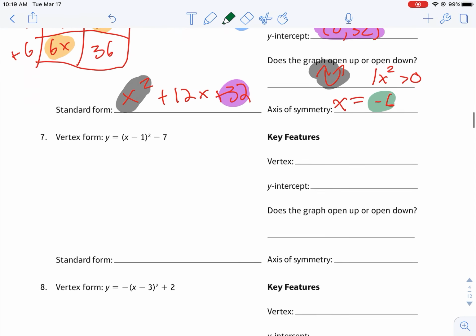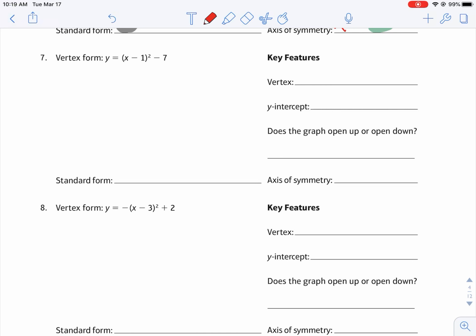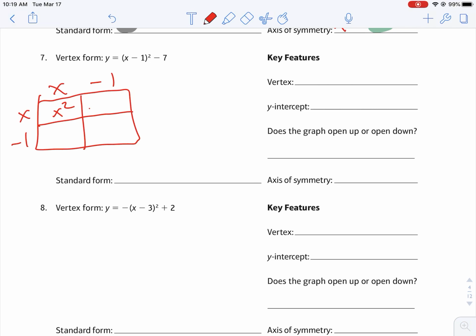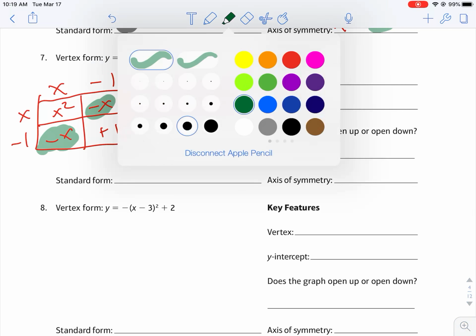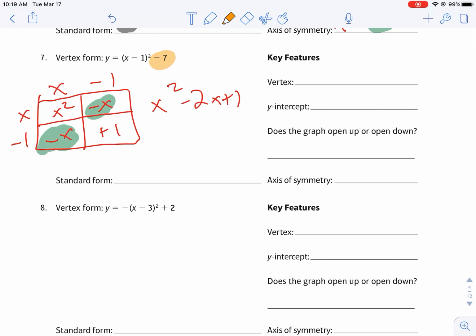Okay. Number 7, same idea. Let's start off with that box method. x minus 1, x minus 1, x squared, minus x, minus x, plus 1. Again, I have those like terms. So I get x squared minus 2x plus 1. And then I have this minus 7, not to forget about that. So my final answer is x squared minus 2x minus 6.